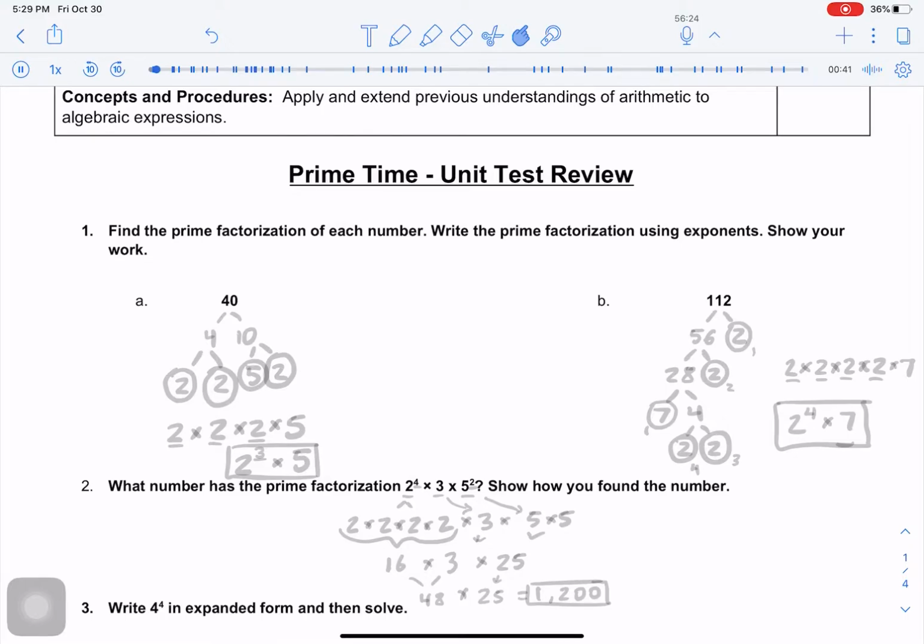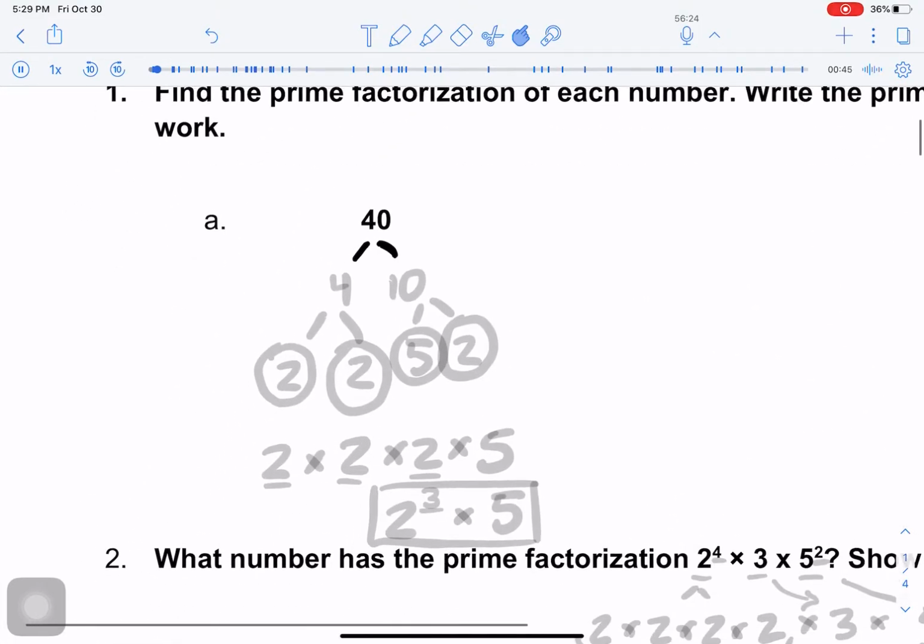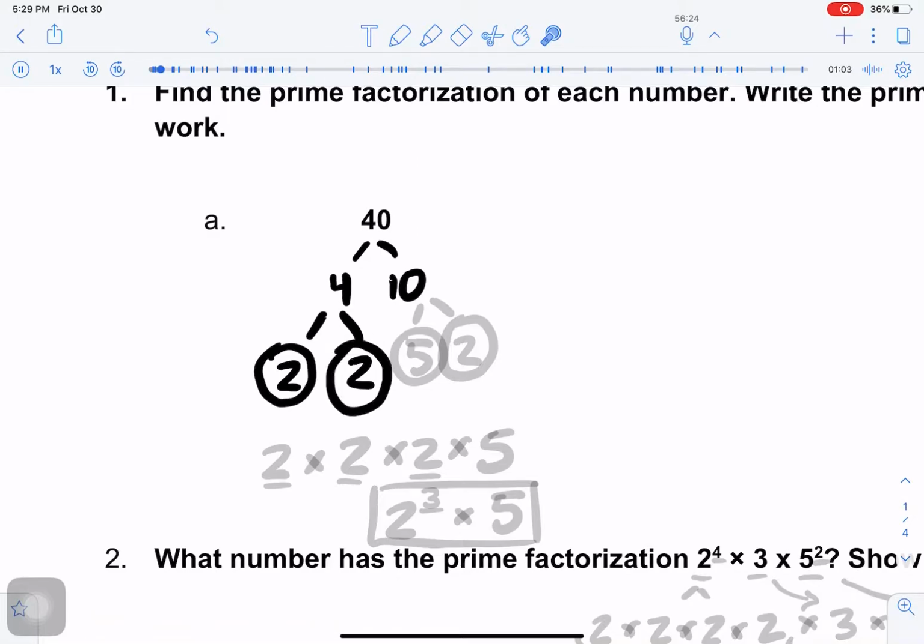So for the number 40, I'm going to break this number apart. Remember, any factor pair works. I'm going to choose to use 4 and 10, because I know that 4 times 10 gives me 40. Here, I'm going to break 4 apart a little bit further. I'm going to go 2 and 2. Now remember, when we reach a prime number, we go ahead and circle it.